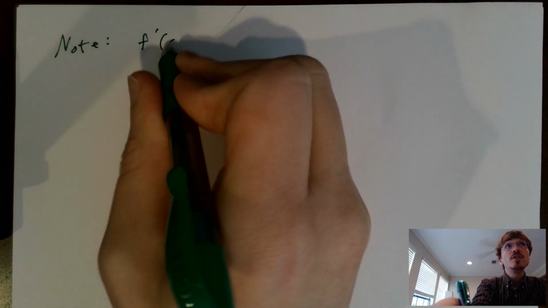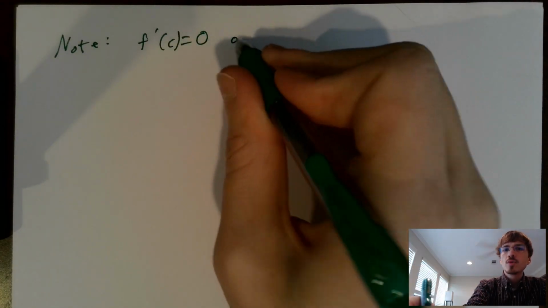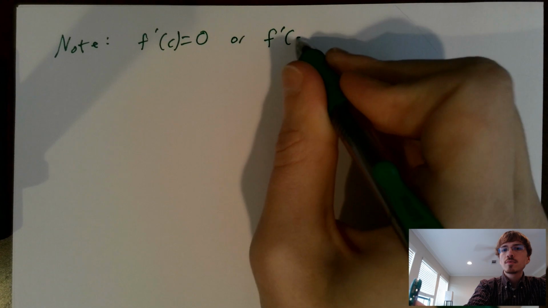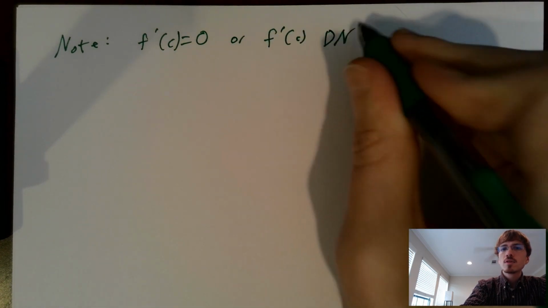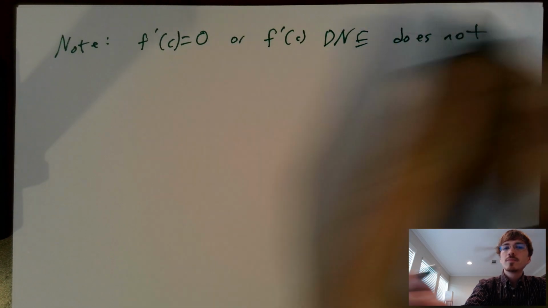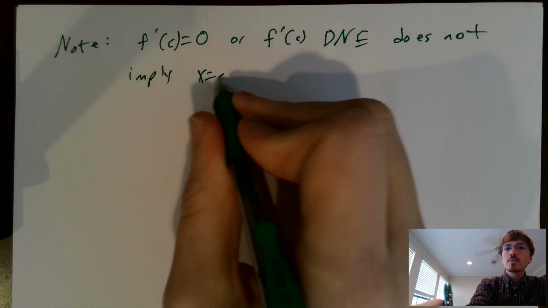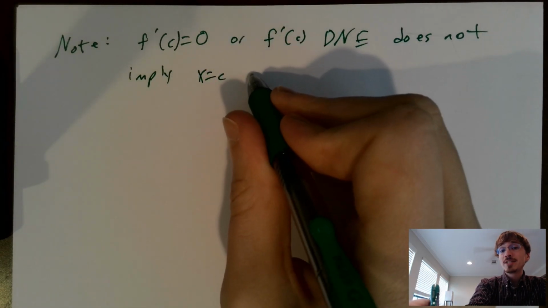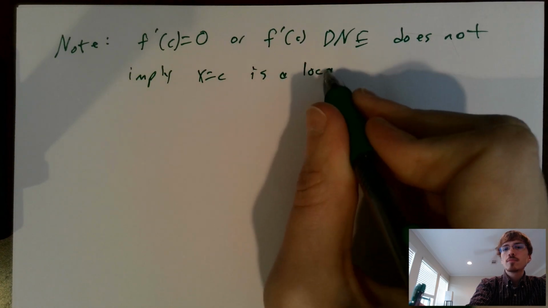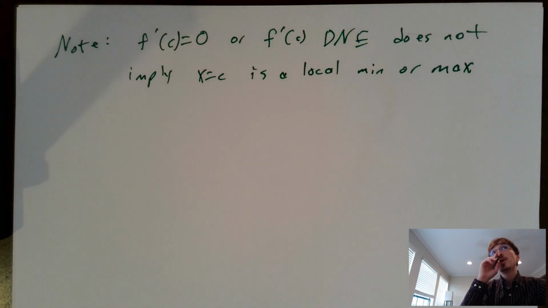Just because the derivative is 0 or does not exist, this does not imply that the point is a local min or a local maximum. Just because you have a derivative of 0 or the derivative does not exist, that doesn't imply that you have to have a local min or a local maximum.